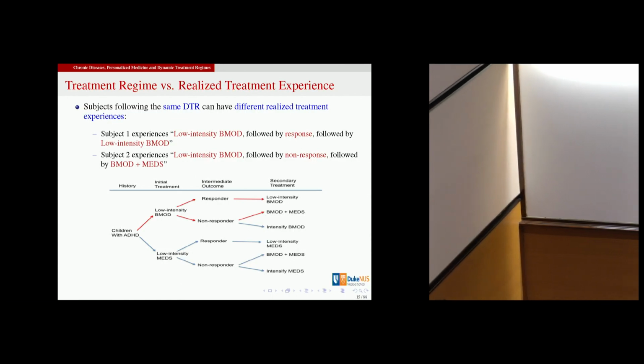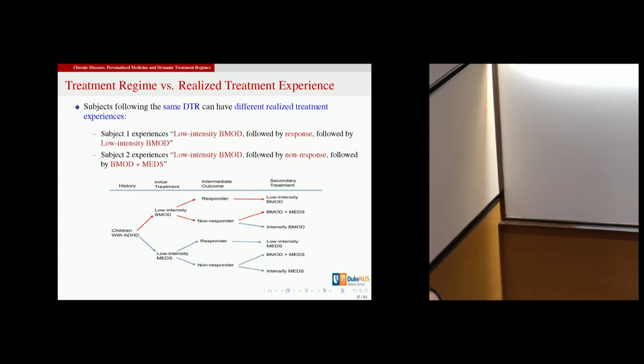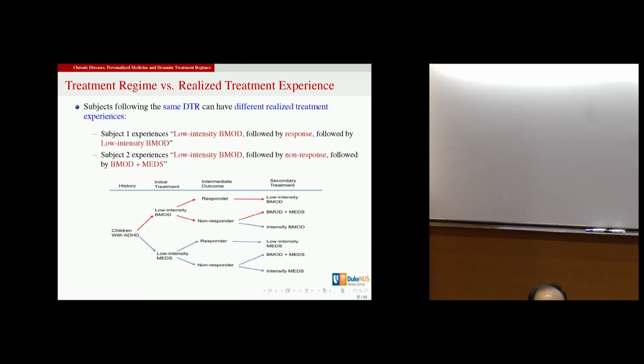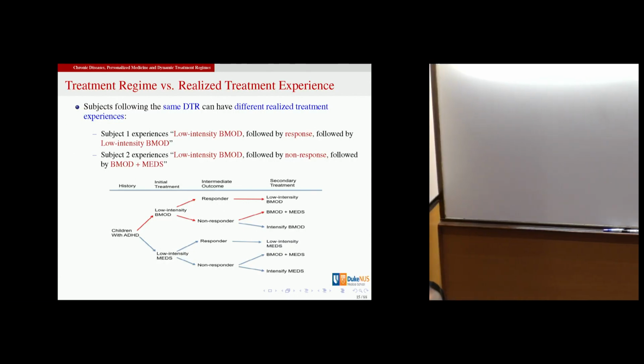And so when we try to estimate, what is the implication of that? The statistical implication is that when we are trying to estimate the effect of that rule, the effect of that regime, then we have to combine data across these two different kinds of people, right? Even though their treatment experiences are different. And in fact, we will see, they might need to be re-weighted, not just everyone added up.